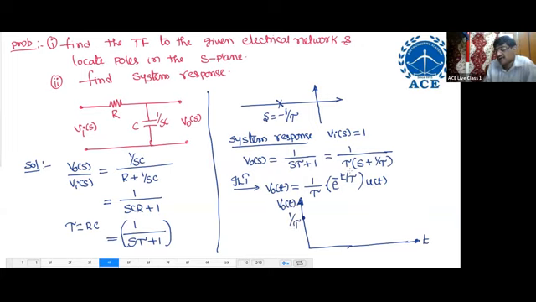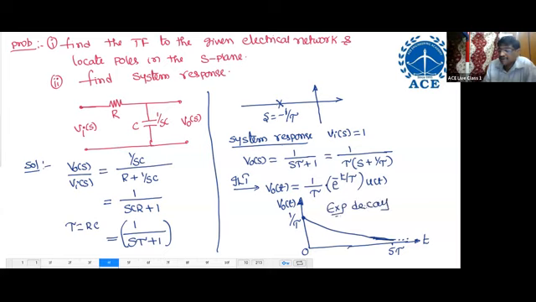At t equals infinity, e power minus infinity becomes 0, so it decays exponentially to 0. It reaches almost steady state at 5 tau. The nature is exponential decay.